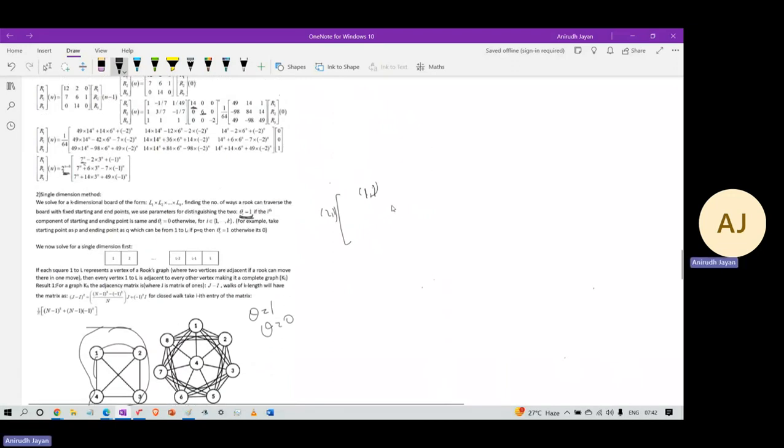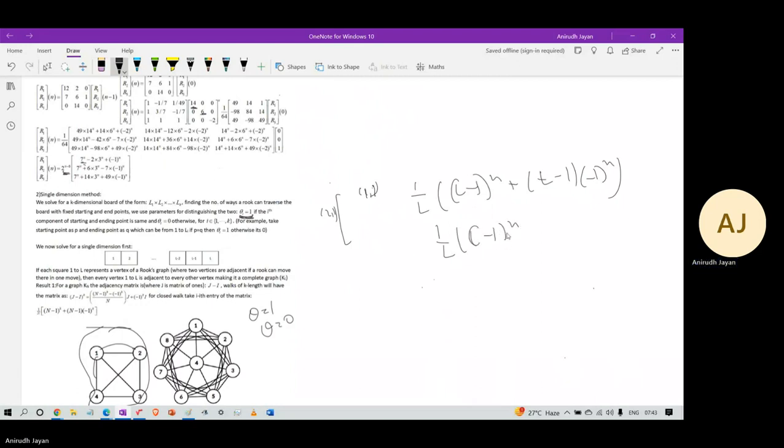So one can say that for a closed walk, the number is 1 by L times ((L minus 1) power n plus (L minus 1) times (minus 1) power n). And for an open walk, it's 1 by L times ((L minus 1) power n minus (minus 1) power n).